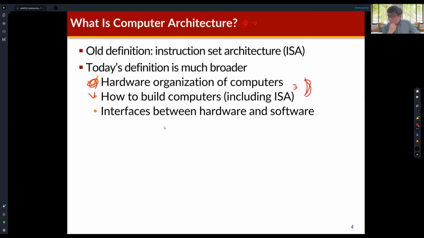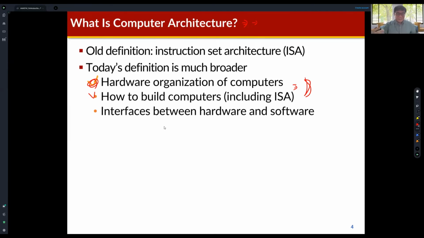So if you are interested in this research area, you can find that some universities have computer architecture research in the electrical engineering department, while other universities have computer architecture faculty members in the computer science department. That is because computer architecture covers the interfaces between hardware and software.